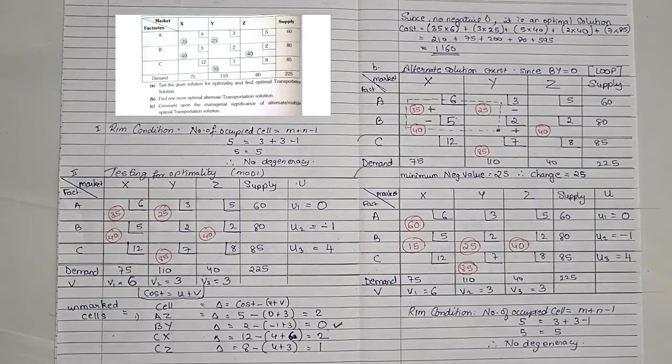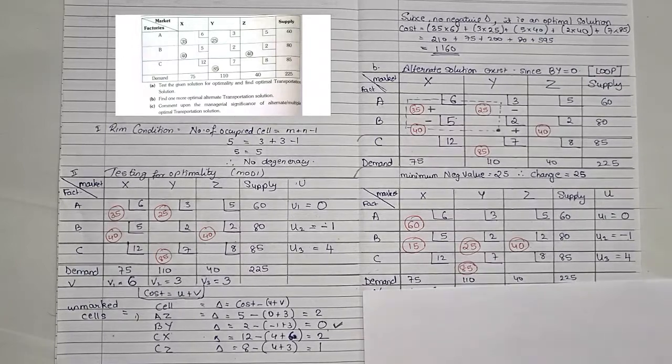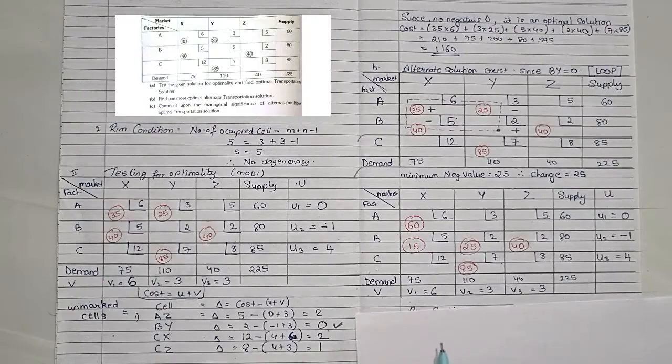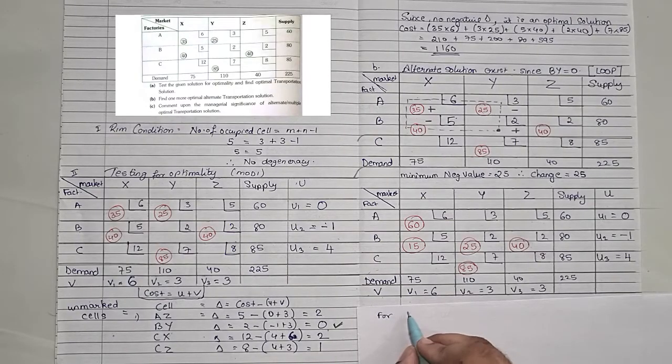Once we have done this, now we can directly start with the last part, checking for the cells, whether they are matching or not. So I'll put an additional paper here to check. Now for all the unmarked cells, we need to find optimality. So which are the unmarked?